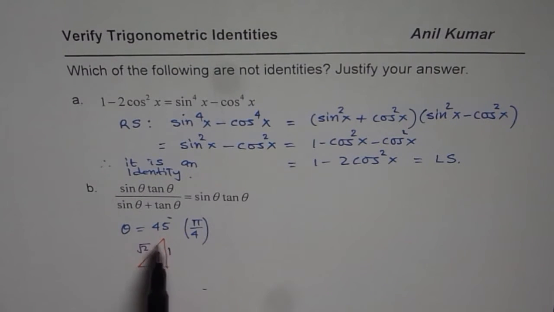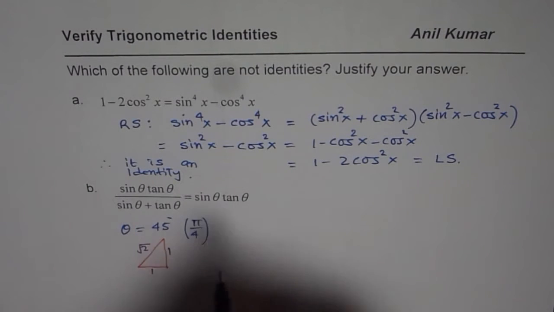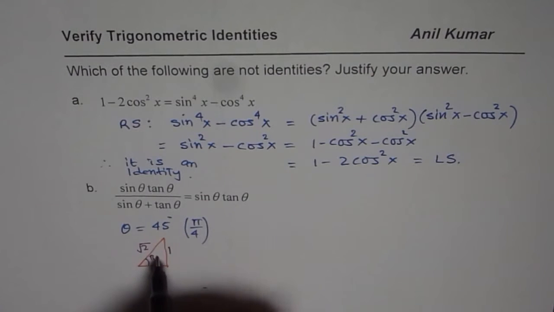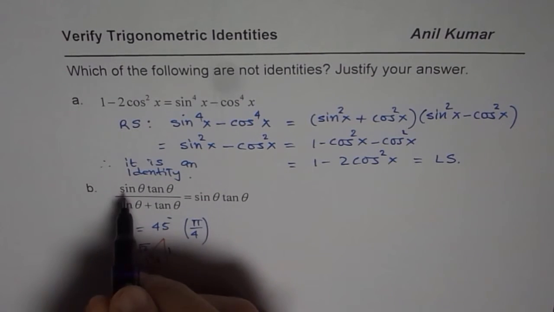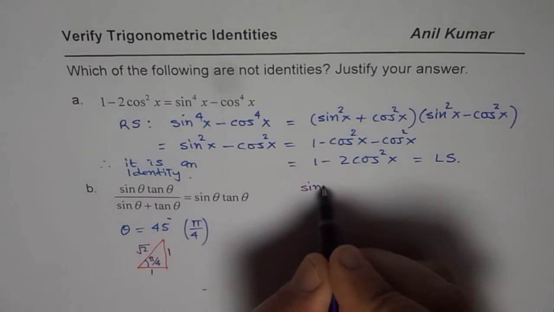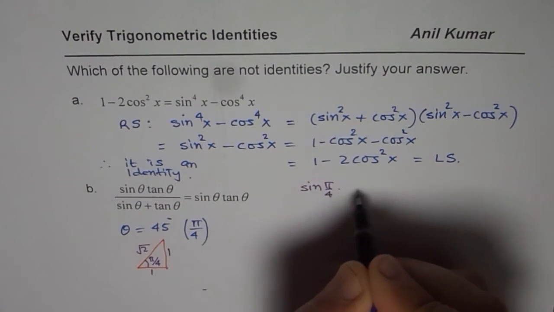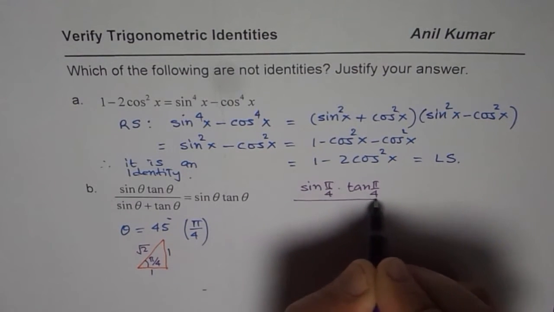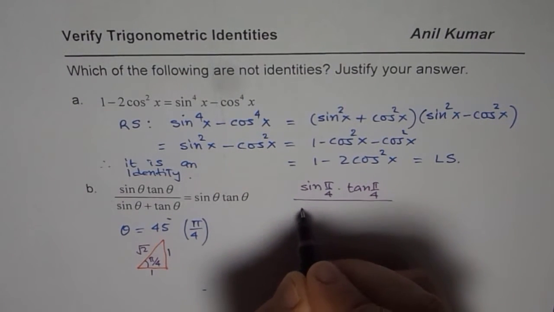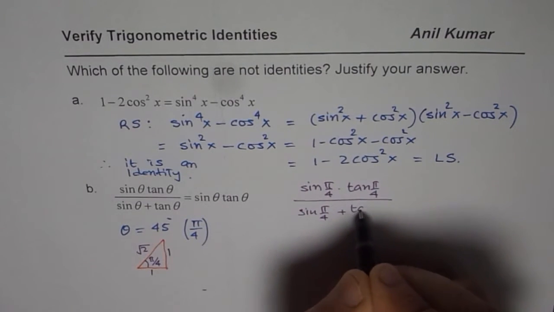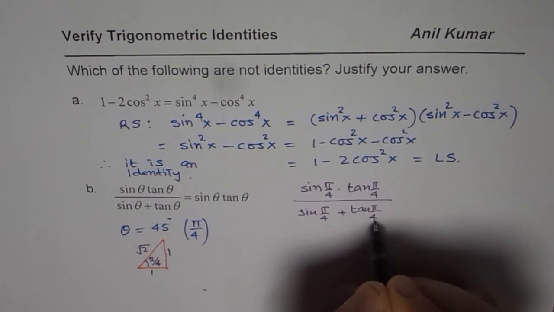In that case, if I substitute the value here, what happens? We'll substitute theta as pi by 4, or 45 degrees. So what is sine theta? I should write first here: sine pi by 4 times tan pi by 4 divided by sine pi by 4 plus tan pi by 4, right?